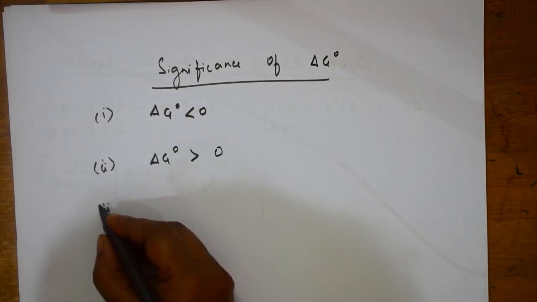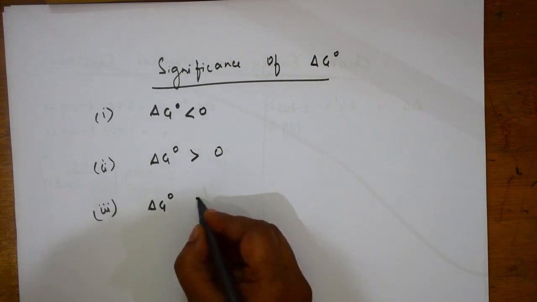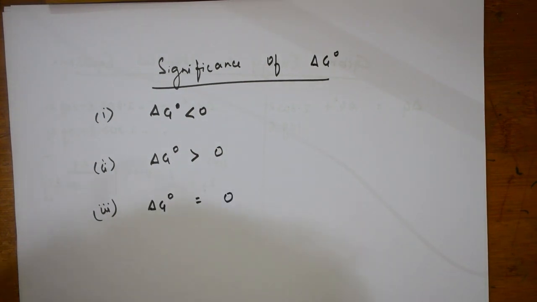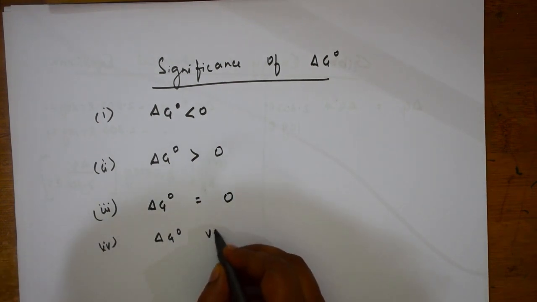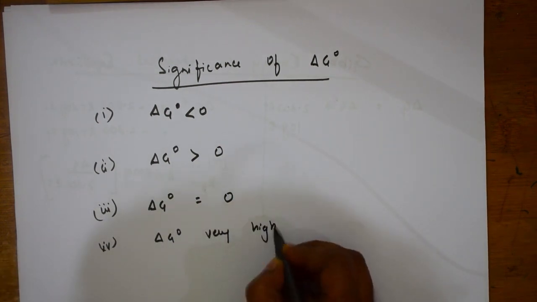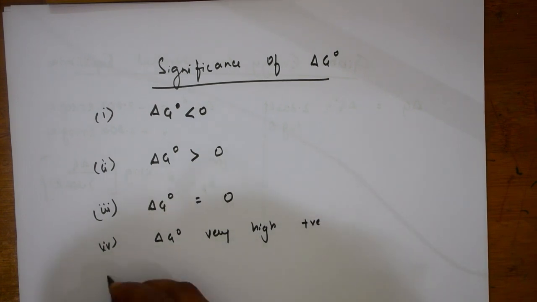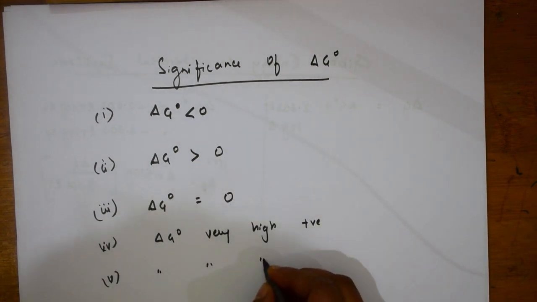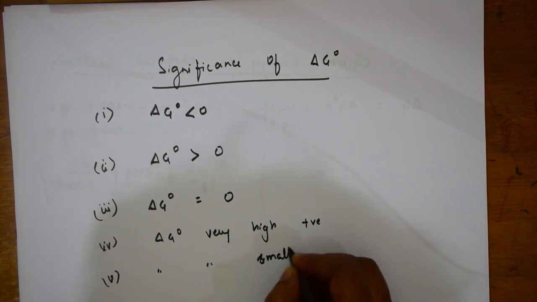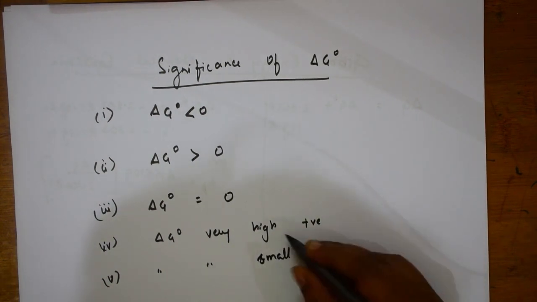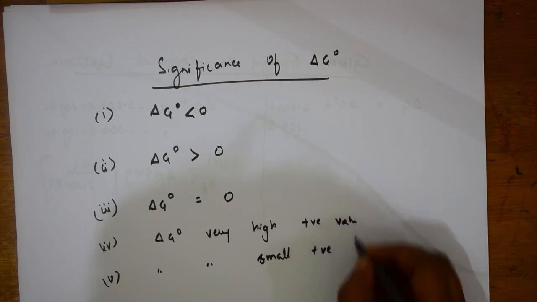Third condition, if delta G naught is equal to 0. Fourth condition, if delta G naught has a very high positive value. Fifth condition, delta G naught has a very small positive value.